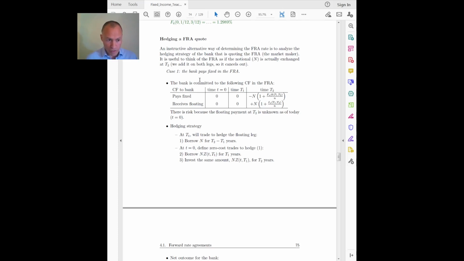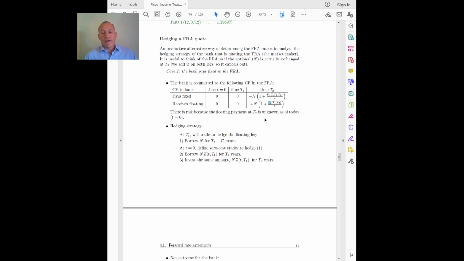The bank is going to pay fixed, which means that at the end of the contract, so here we are assuming that the settlement is at the end, we are going to have a minus in the fixed leg, and if the bank is paying fixed, it's receiving floating, so it will have a plus on the floating leg.